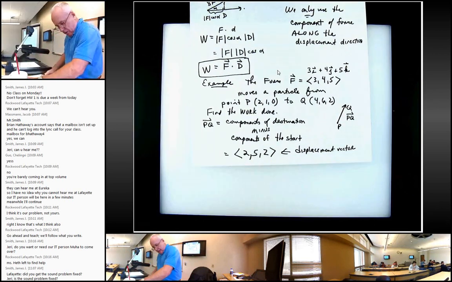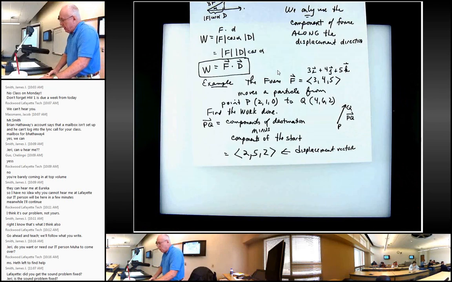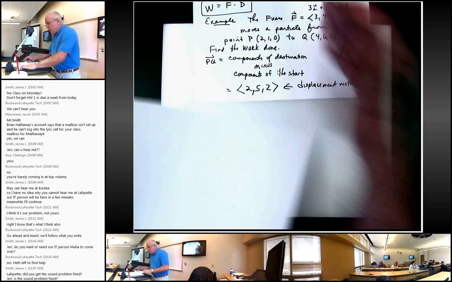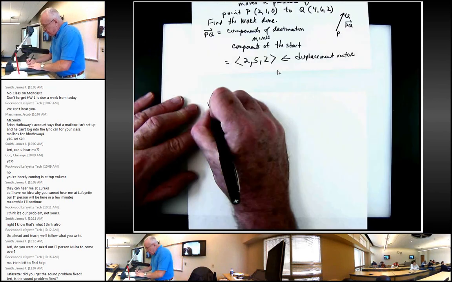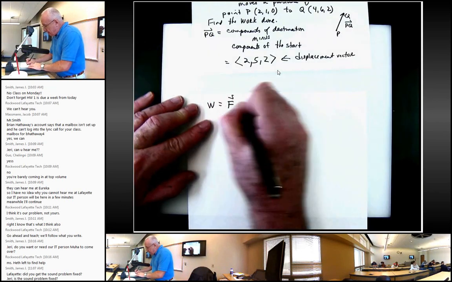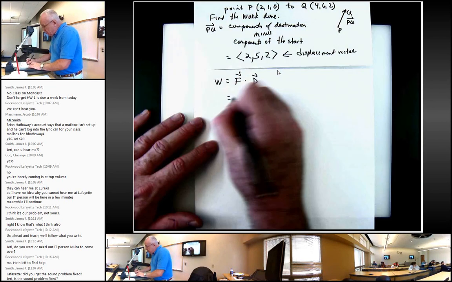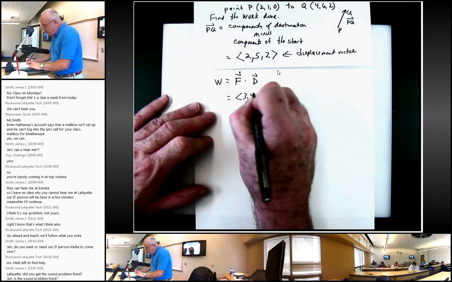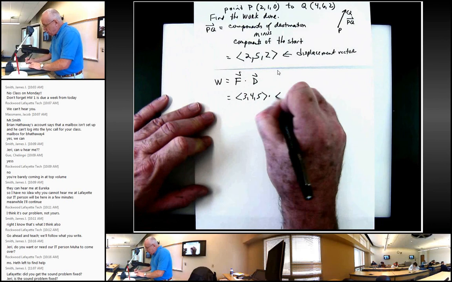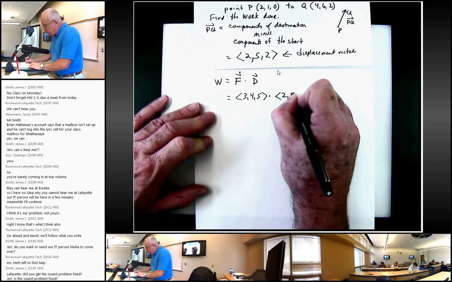And now, all we have to do to find the work is to do the dot product of F with the displacement vector, and we're finished. So therefore, work is going to be equal to F dot that displacement vector. So that's going to be F, which is 3, 4, and 5, dot 2, 5, and 2.